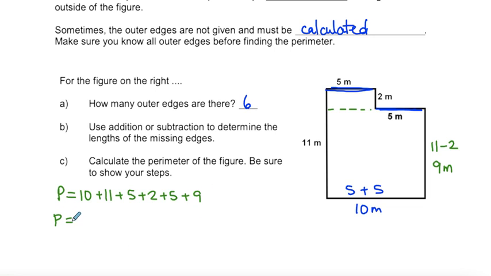So 10 plus 11 is 21, 5 plus 2 is 7, and 5 plus 9 is 14. 21 plus 7 is 28. And 28 plus 14 is 42. And my units is meters. So the perimeter of this shape is 42 meters.